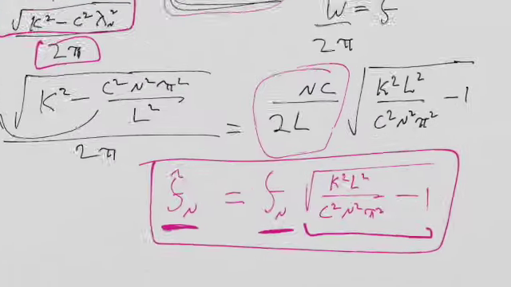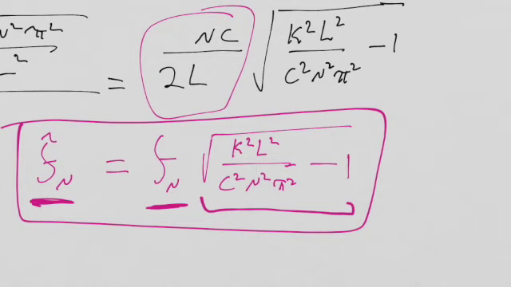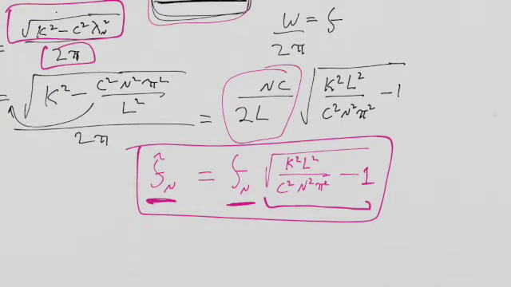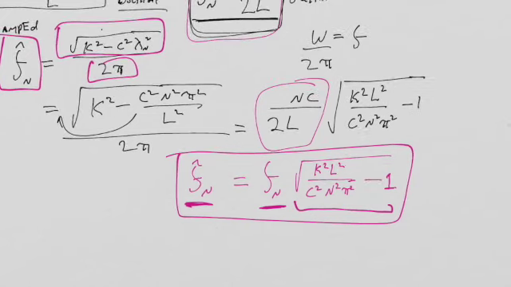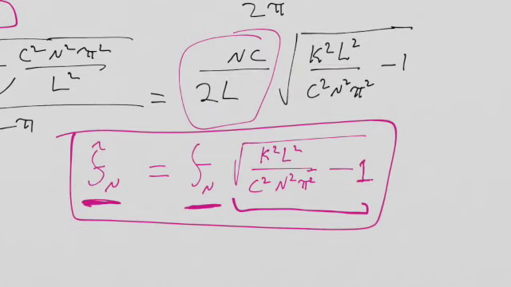So now we can study what this factor is telling us. Let's clean up the factor so we can understand all of its parts. This was n squared pi squared here, and this is the number 1. As n gets larger, for the larger harmonics, this term gets smaller and smaller, right?